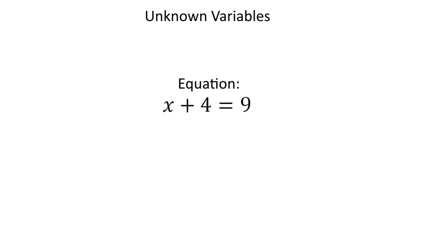To begin with, we're going to quickly talk about unknown variables. What I'm talking about here are things such as x, y, z, any other kind of letter, anything that we don't know. This is basically an unknown, so we don't know what the value is.